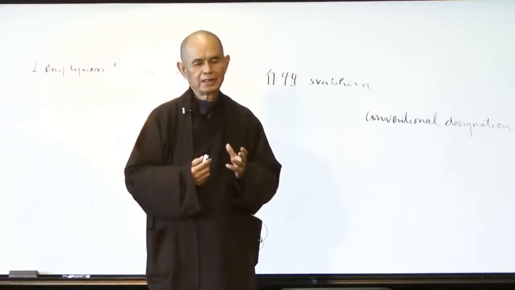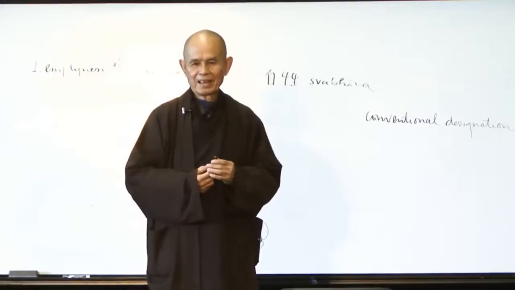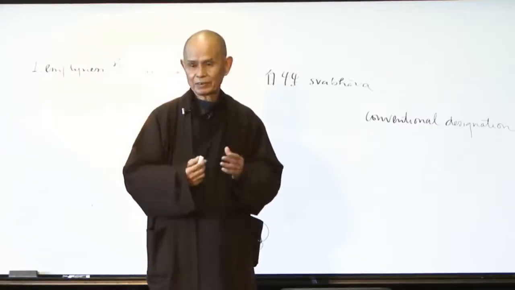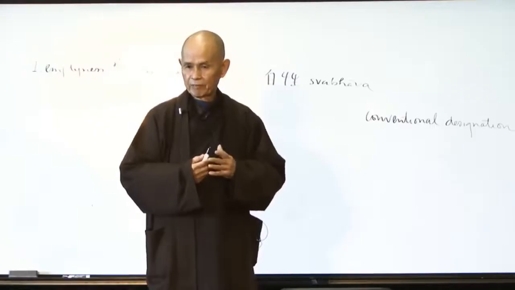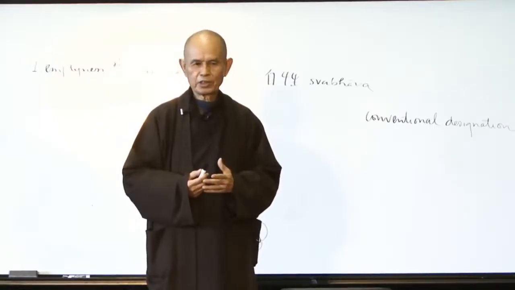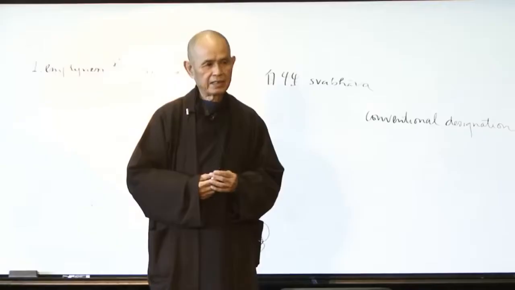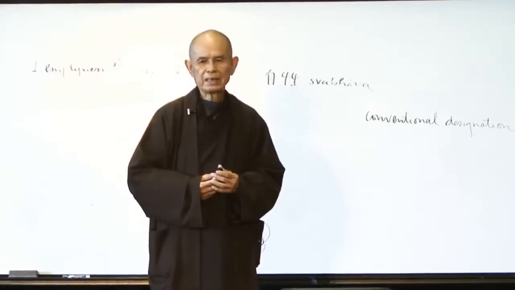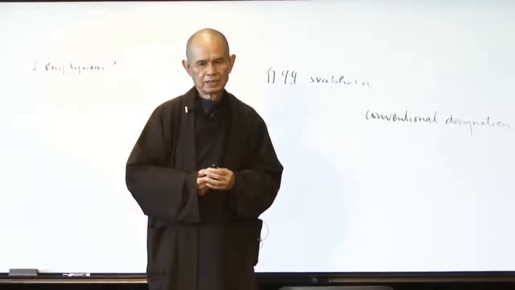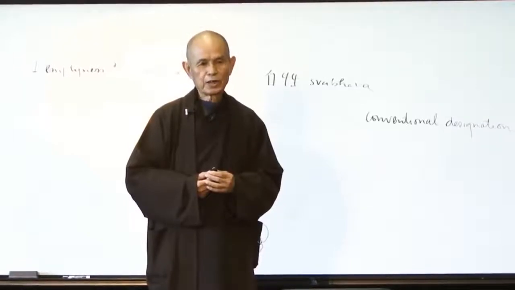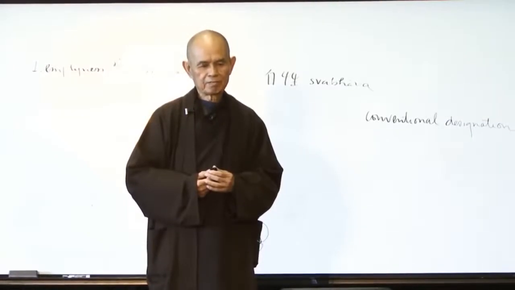He has to grow into a young man or an adult. If a child had self-nature, a child would remain a child forever. So nothing has a self-nature, nothing has a self-existence, nothing can be by itself. No self-nature. That is what you touch when you look deeply at everything.